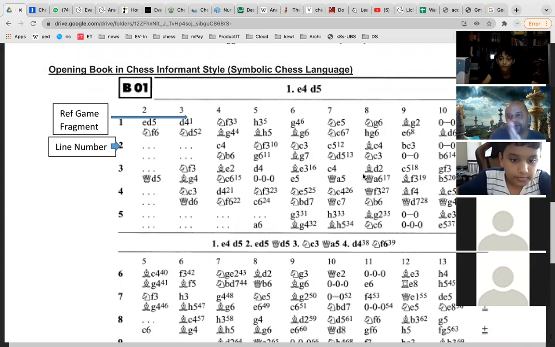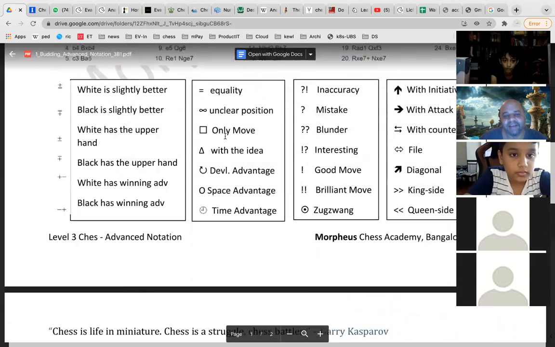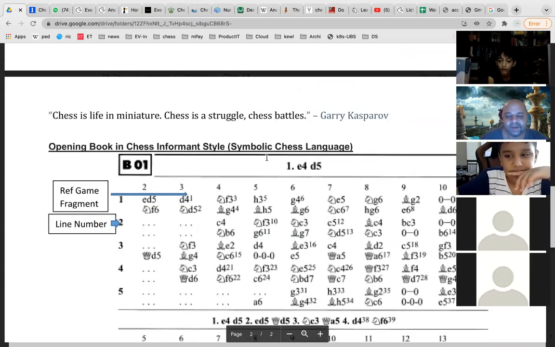And then hash 2 means mate in 2 moves. Hash 1 means mate in 1 move. Hash 3 means mate in 3 moves. Sometimes it may happen if somebody has made a real mistake. Venkatesh was asking from the previous page perspective, when I was giving all these symbols. Okay. Yes, sir. Okay, all right.